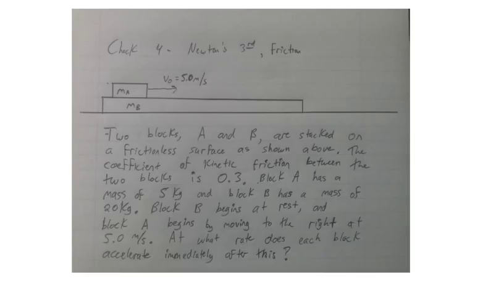Now that we've got the basic idea that because of friction, mass A is going to slow down, and because of friction, mass B is going to speed up, let's draw free body diagrams for each of these. So we'll get this out of the way. And for mass A, we've got a force of gravity downward, which would be equal to the mass, which here was 5 kilograms, times 9.8 meters per second squared.